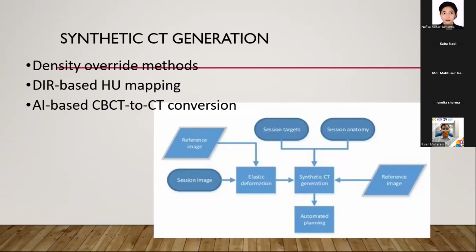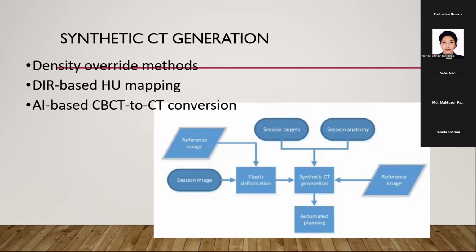Then, in order to achieve better matching, the synthetic CT generation method was also utilized. In case of MR Linac, we know that there is a generation of synthetic CT. We have the reference image, and the synthetic CT is generated from the captured MR image, and then based on the reference imaging, the plan of the day, automatic planning, will be done, and the new plan will be given for the treatment.